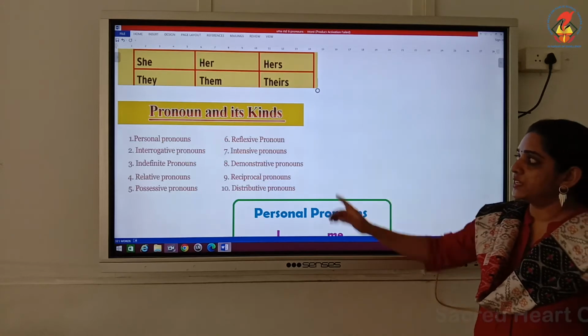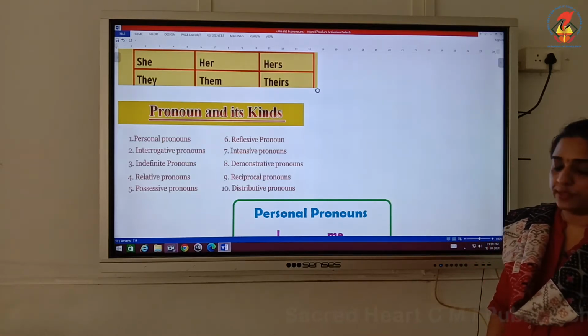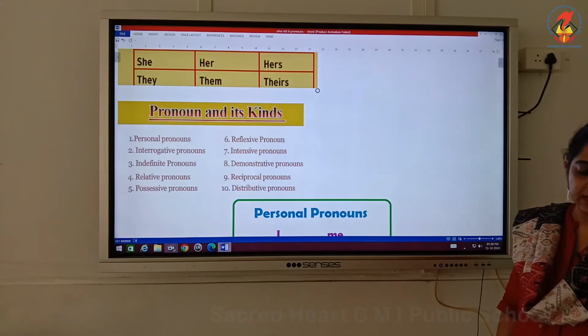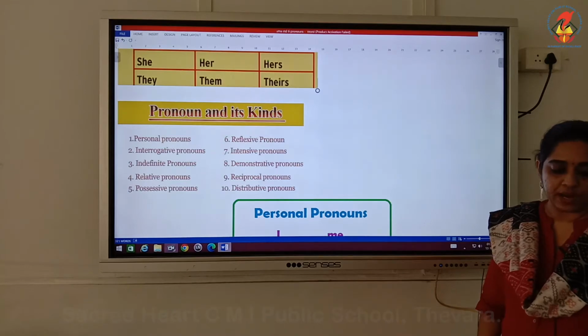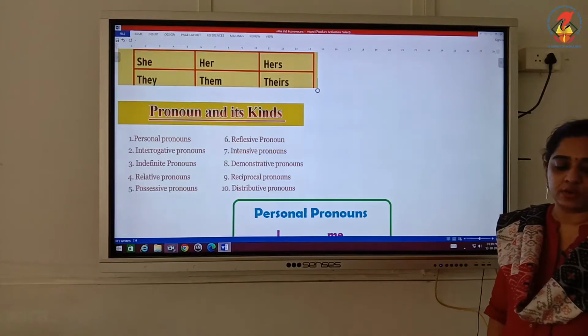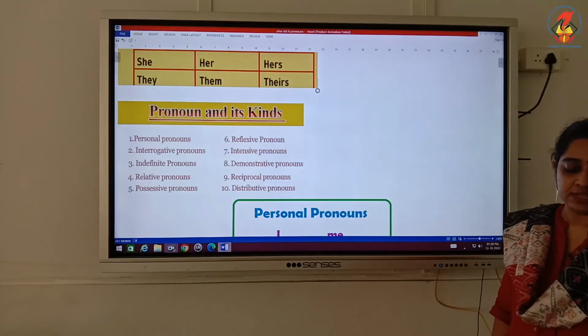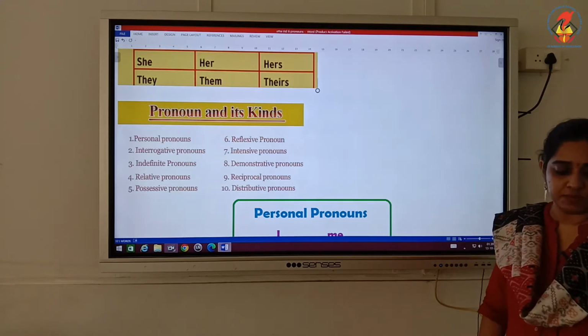There is also the intensive pronoun, that's another name. It is not there in the textbook, but still there are 10 types. It's very easy. You just focus on what I am saying. Take your textbook and see that, so you will understand it properly.